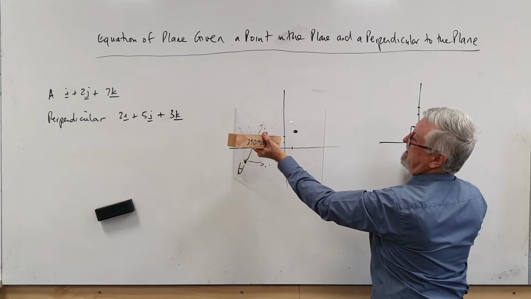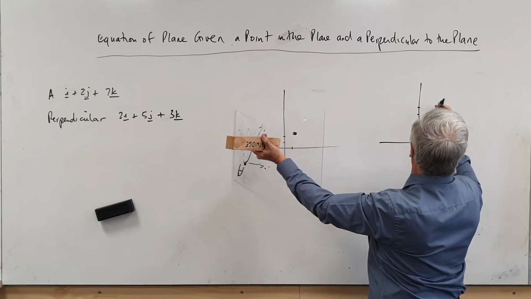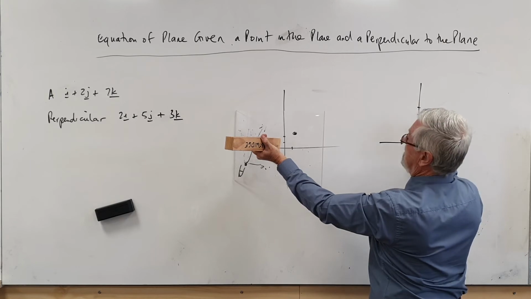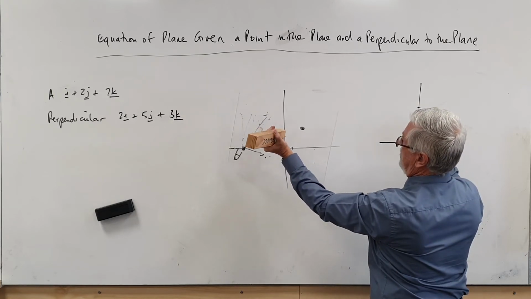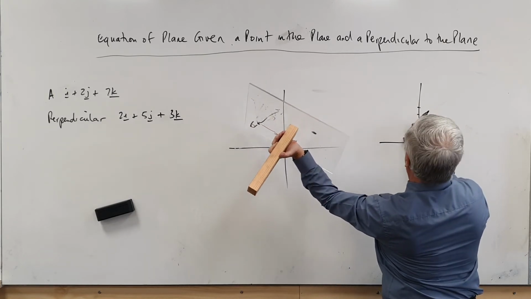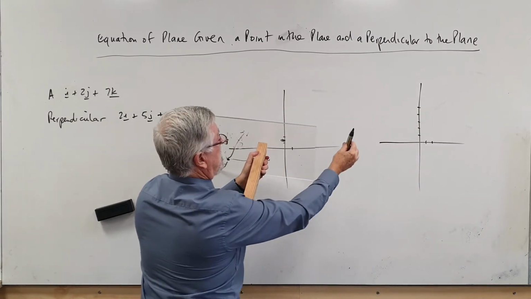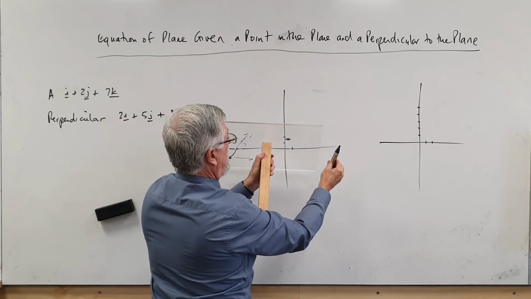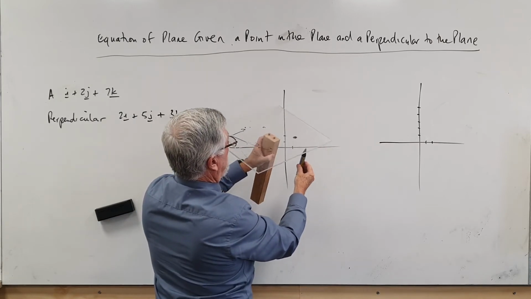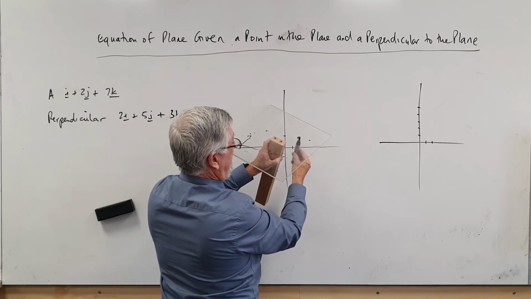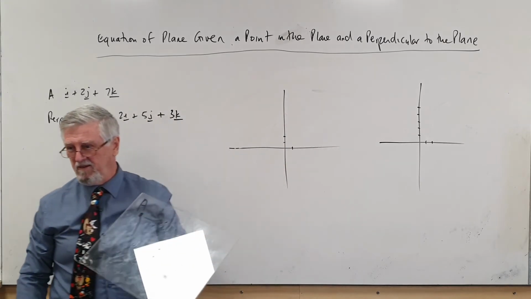And I've got a perpendicular that is 2, 5, 3, which is about there. There, and it locks it in place.